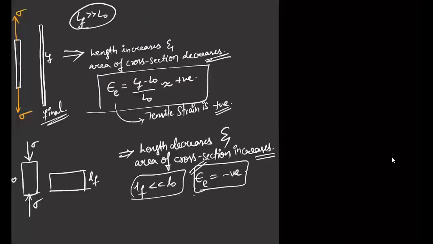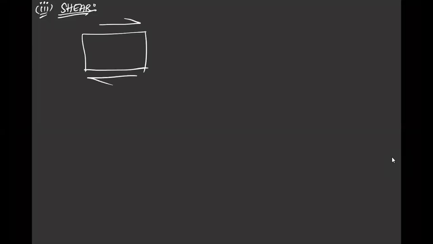Now the third and important loading type is shear, which is nothing but if I'm having a body, we are acting a tangential force. Usually the shear stress is denoted by tau. So what happens if we do shear? It is just like the same thing which you do with a deck of cards.